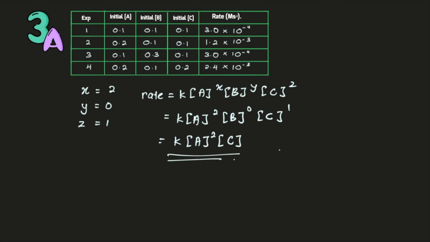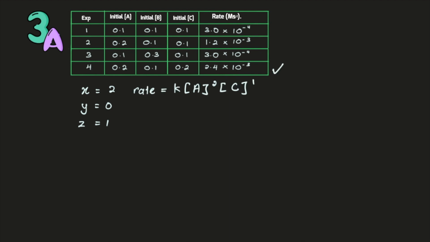Alright, so from here, because you were asked to calculate the rate constant, what you need to do is pick either one of these and just plug in the value to get the value of k. So for instance, for this example, I'm going to use experiment number 4.